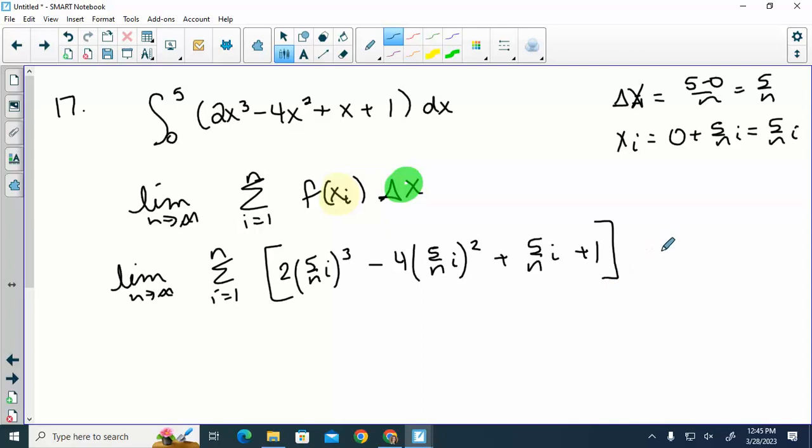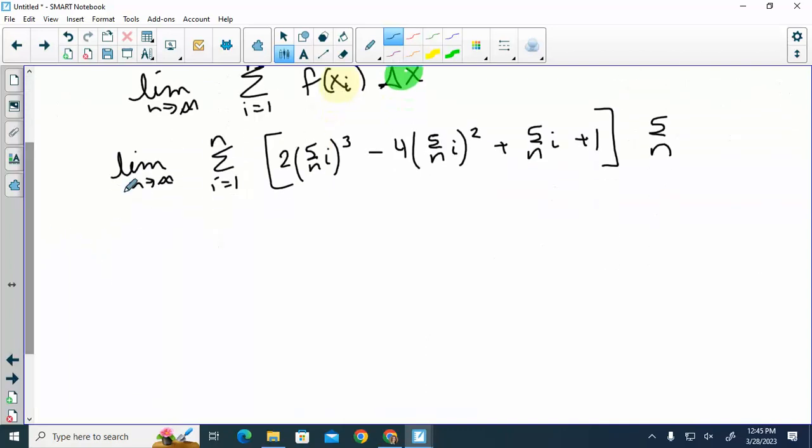And we're multiplying this by the change in x, which was 5 over n. Is everybody with me here? So we need to do a lot of calculations. I'll try to show my work so you can understand where everything's coming from.